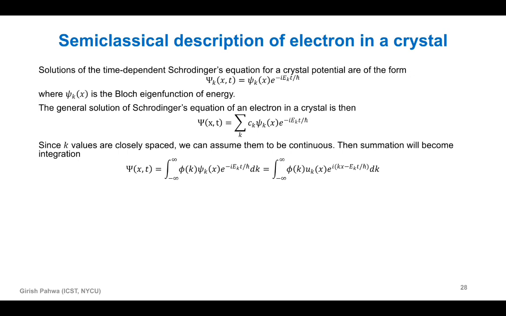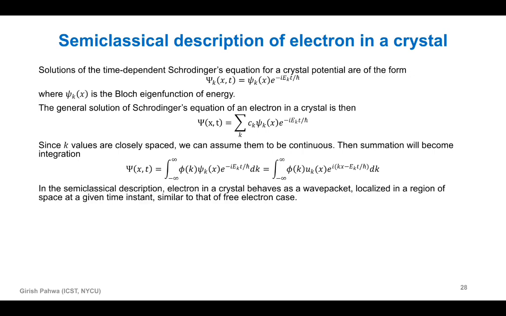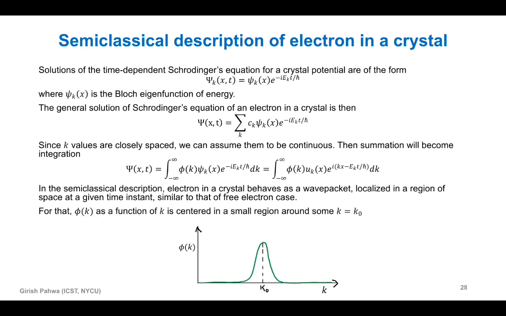What was the group velocity? d omega by dk, where omega was E divided by h bar. I would suggest you go back and revise those concepts. So what I did was this: phi of k is non-zero only within a small region around some k equal to k naught. That's the center value.